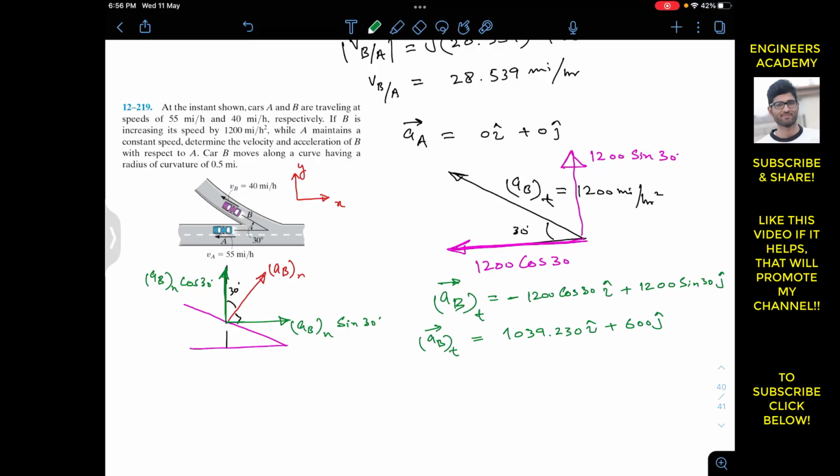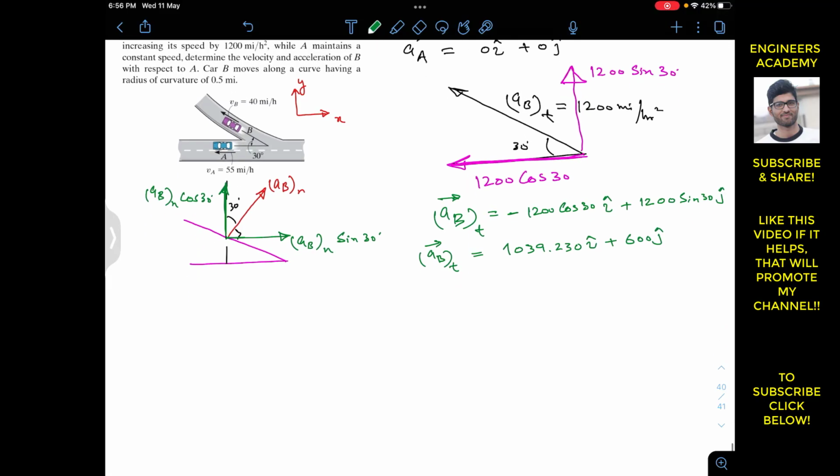So the acceleration of B in the normal direction, magnitude, is always equal to VB square divided by the radius of curvature. We know VB, which is 40, so 40 square, and the radius of curvature is given in the statement. This is 0.5, so we have to divide by 0.5.